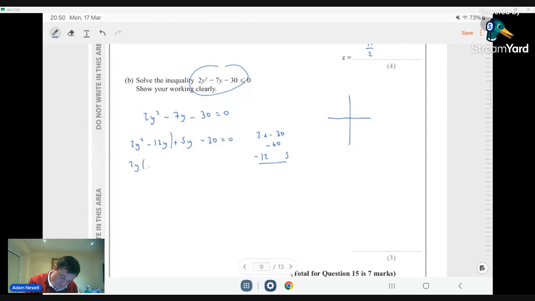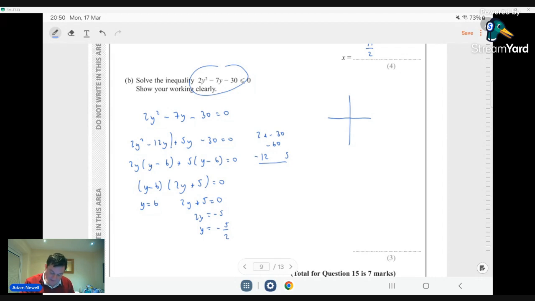Factorise either side, so 2y, y take away 6, plus 5, bracket y take away 6. And if I factorise, take out the y take away 6, I get 2y plus 5 equals 0. So I get y equals 6, and 2y plus 5 equals 0. 2y equals negative 5, or y equals negative 5 over 2, negative 2.5.